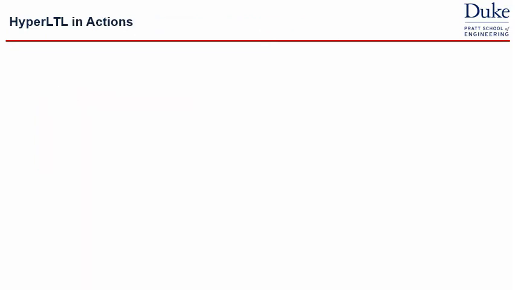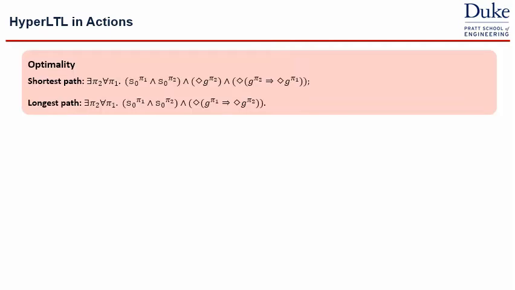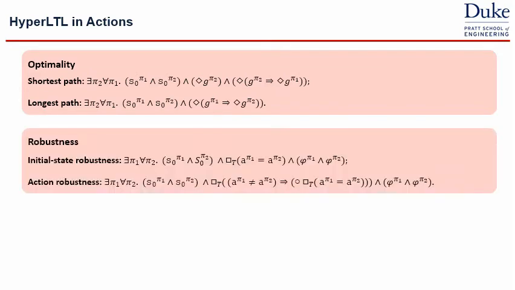Using HyperLTL, we can express planning objectives that are hyperproperties. The first example is optimality. Specifically, we can express the shortest path from the state S0 to some goal set using this HyperLTL formula. Similarly, we can express the longest path from S0 to G for some implicitly given bounded time horizon.